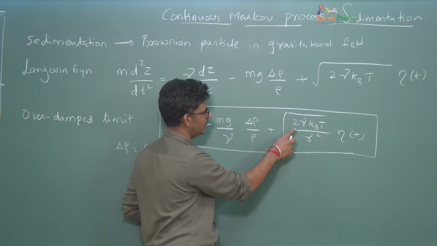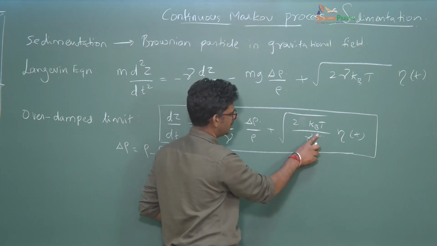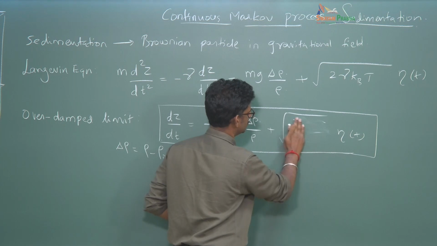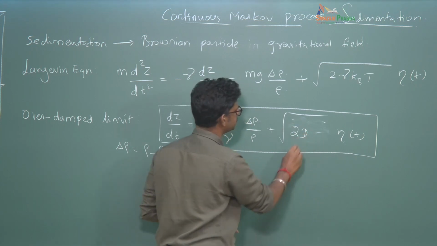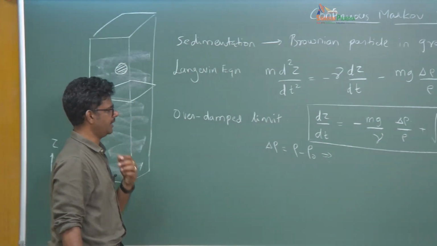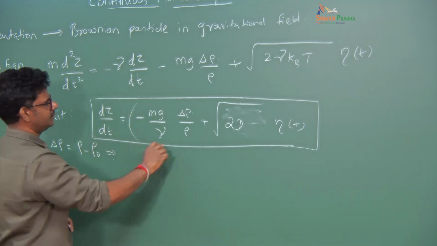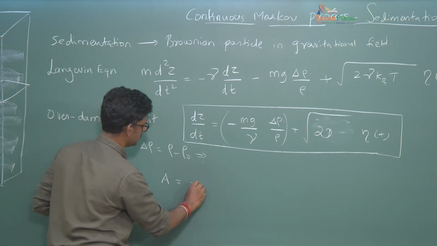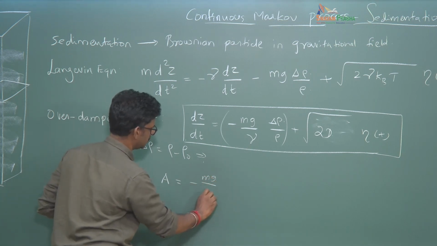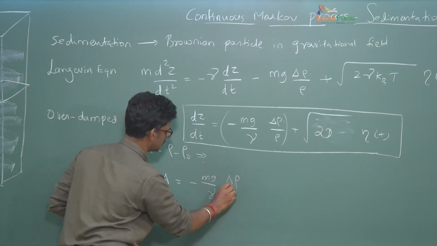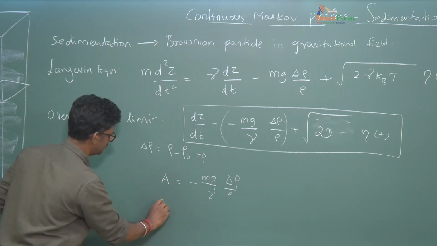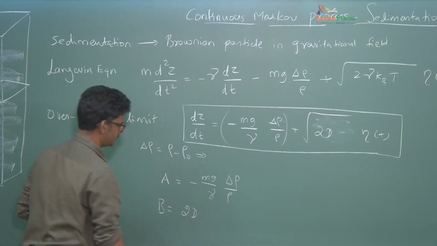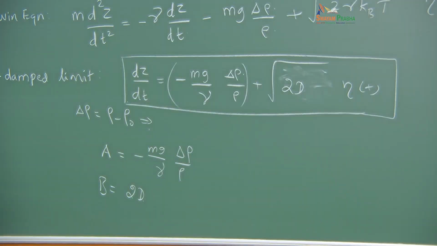By the way, here you will have 2 kBT by gamma, which is nothing but D. So you get 2D here. So this term is A, and B is the one within the square root, which is 2D.